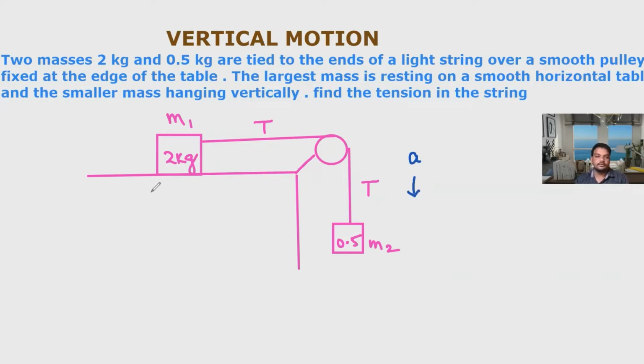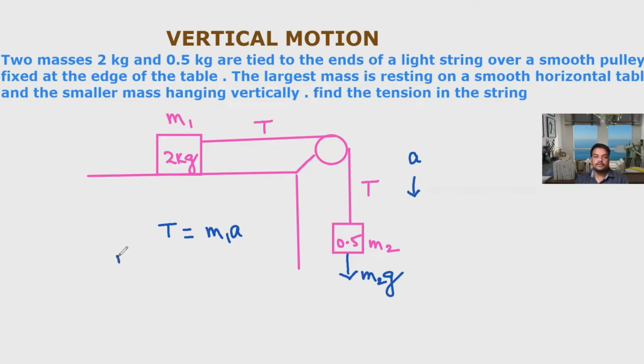The force acting on the mass M1 is the tension force: T is equal to M1 into A. And the forces acting on M2: weight M2g acts downward, tension acts upward.